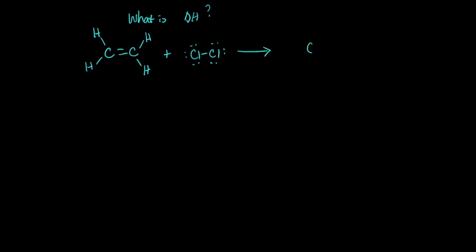Sorry, it takes me a while to draw these molecules out carefully. In chemistry, we call this an addition reaction. And ethylene reacts with chlorine to give you dichloroethane.